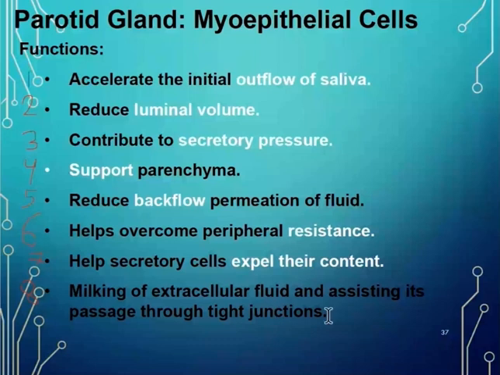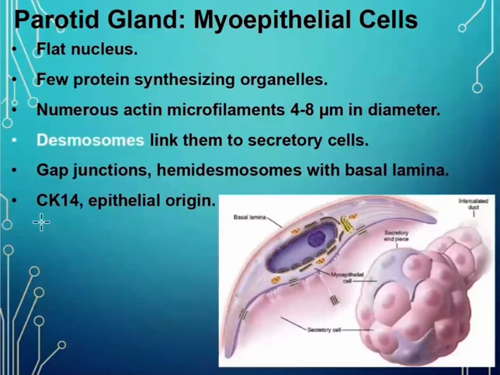The myoepithelial cells also have an anti-cancer effect, which is found in your book, because, as we've said, they have both cytokeratins, which are an epithelial marker, and also actin and myosin components, which are the muscular markers, okay.